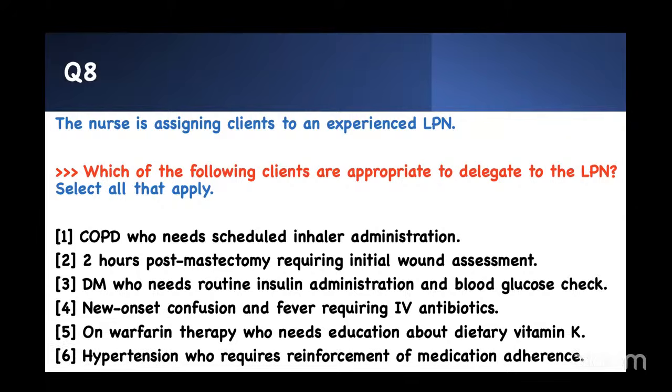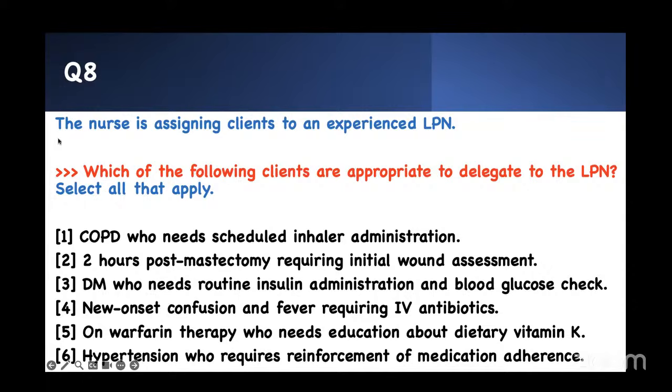And the last patient, hypertension, who requires reinforcement of medication adherence. I said MMR: most medication, reinforcement. They don't do teaching. They can give most medication. They can take care of the stomach. They can take care of 2 feeds. What do you think? First patient just needs what?